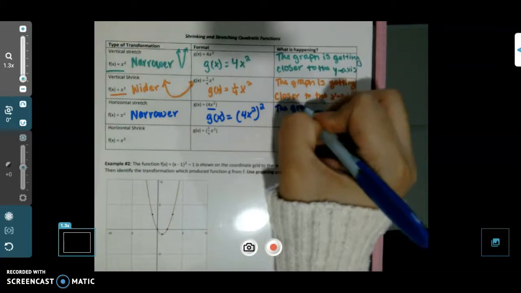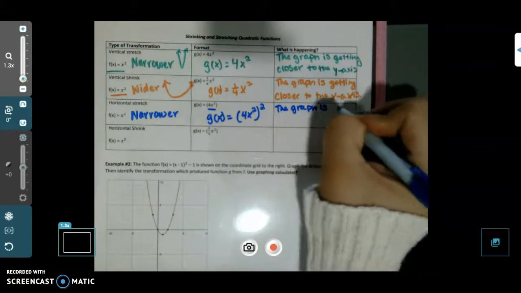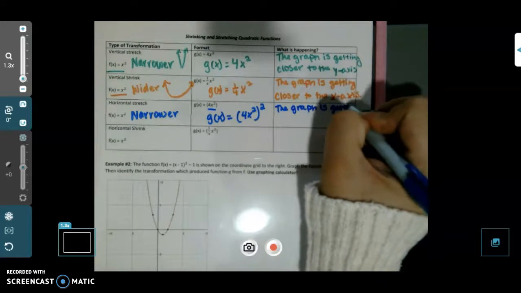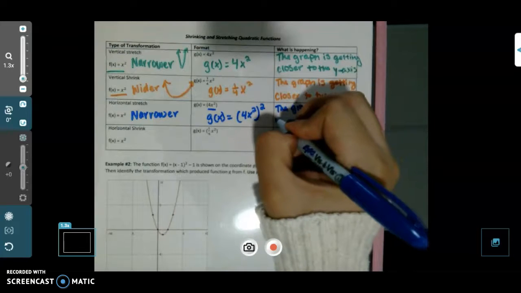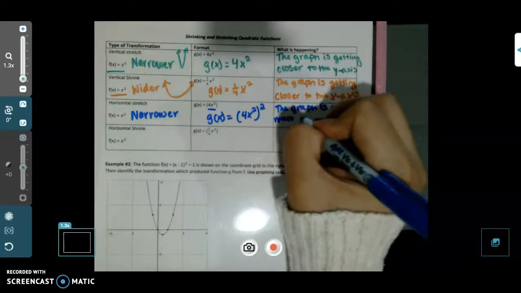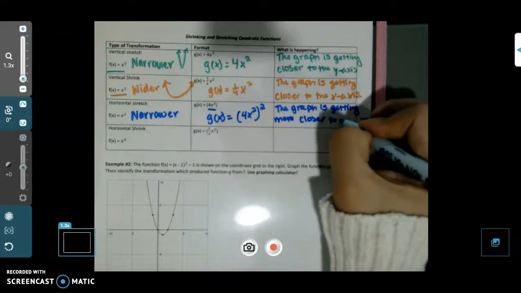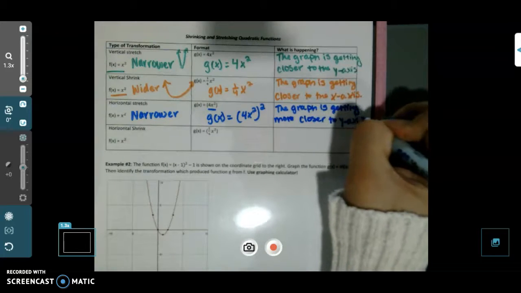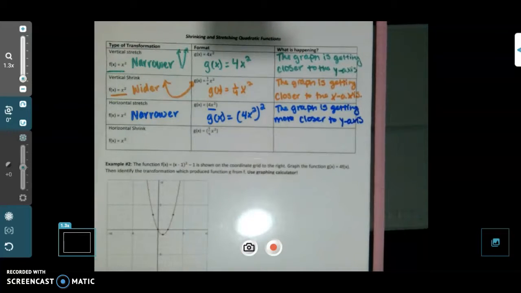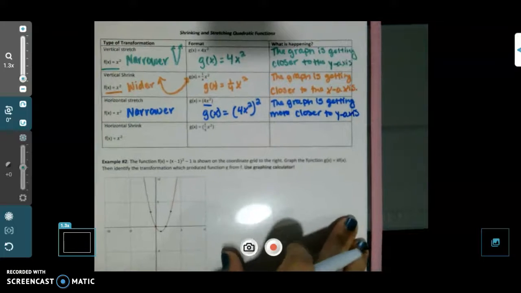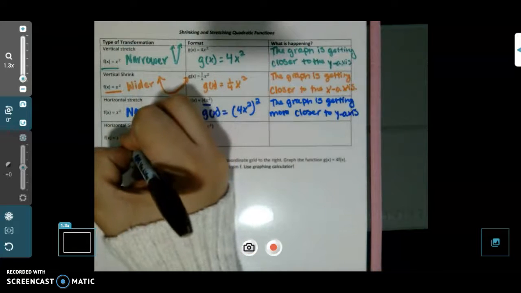The graph is getting more closer to the y-axis. Okay? Let's go ahead and do vertical shrink. Okay? Vertical shrink is going to, again, be wider.